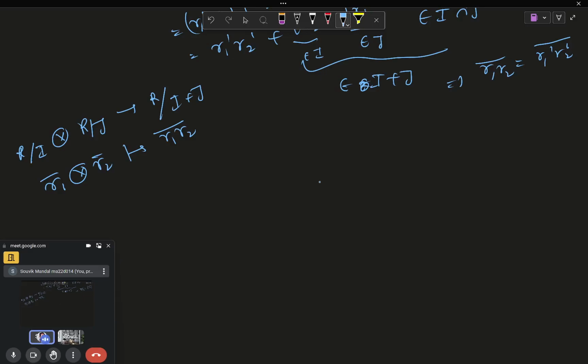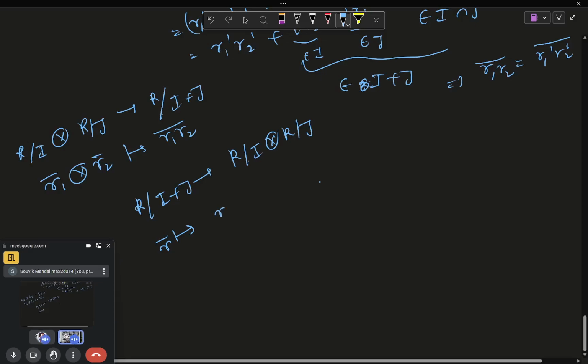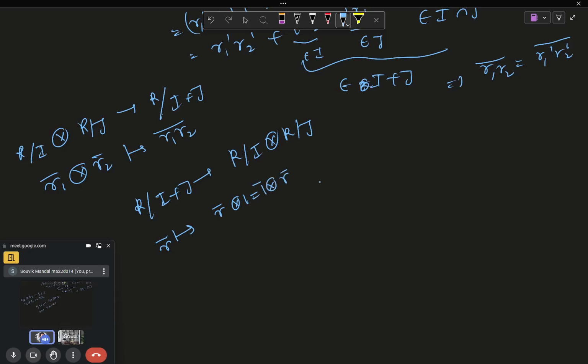So this is one map. Whatever the reverse map, from R by I plus J we need to go to R by I tensor R by J. So R bar goes to R bar tensor 1 bar, or you can put 1 tensor R bar. First check the well-definedness.